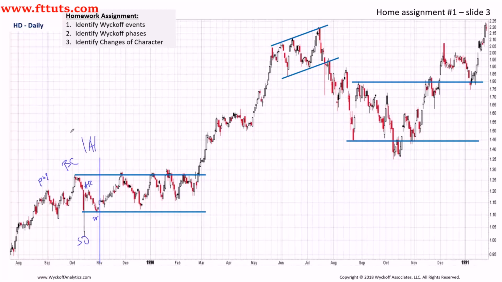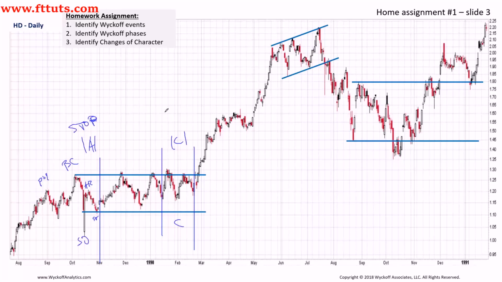What is the intention behind phase A, really quick? A change of character. Stopping the action? Yes, so we're stopping the previous trend. Then let's say if this is phase C, what's the intention behind phase C? Phase C marks the commencement of the next uptrend. That's not the intention, though. What is the intention behind phase C?